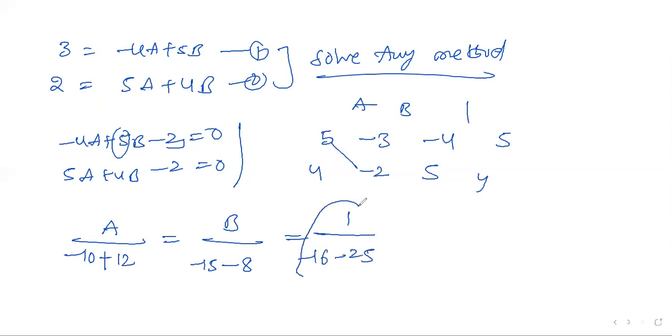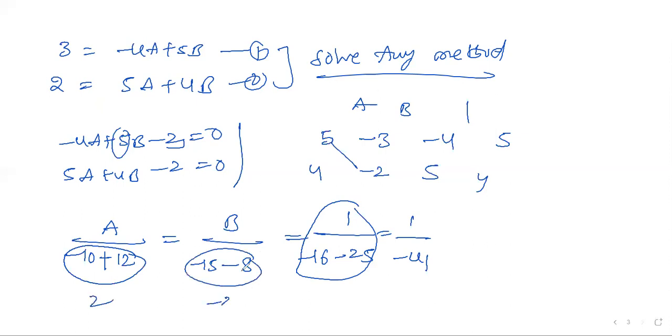What's the value of this now? 1 by 25 plus 16, it is 41, minus 41. What's the value of this? Minus 2. What's the value of this? Minus 15 minus 8, that is minus 23. Am I clear? Now you can take A is equal to minus 2 by 41.